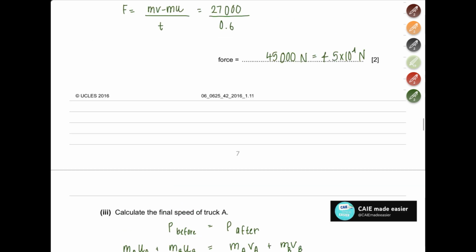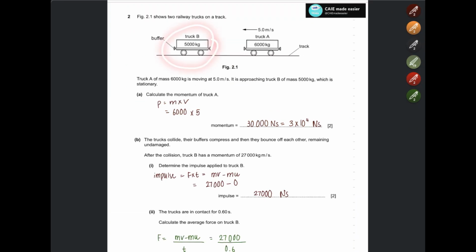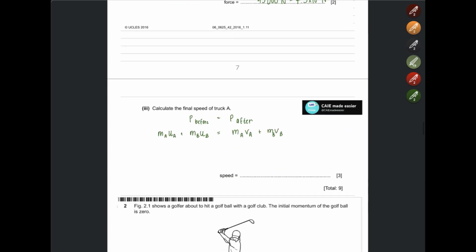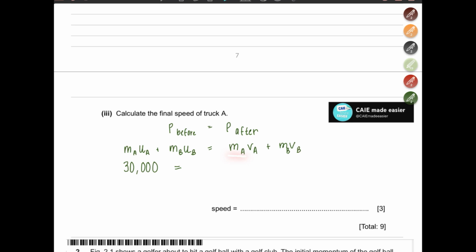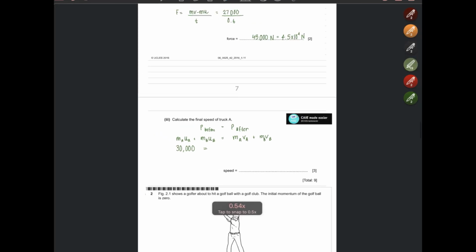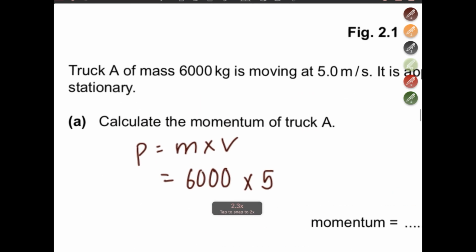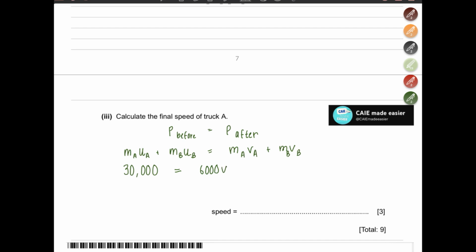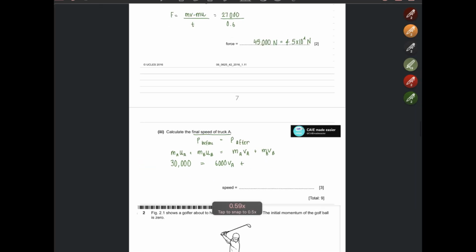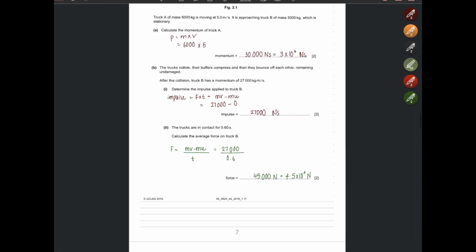Let's plug in our values. Truck B was stationary and the momentum of truck A was 30,000, so here we'll write 30,000. Mass of truck A was 6,000 kg. VA, we need to find the velocity or speed of truck A, plus momentum of truck B after the collision.